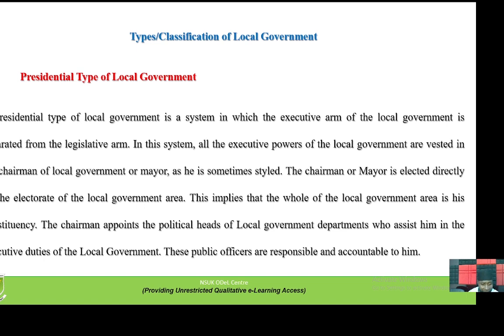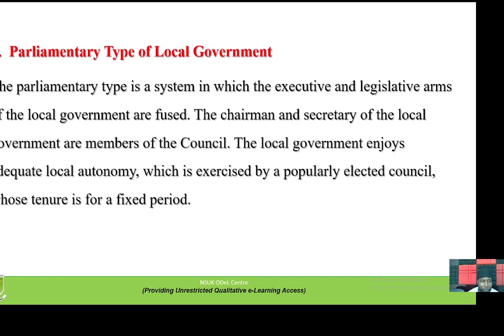If you look at it critically, the presidential type of local government is just a carve-out of the presidential system of government that was prescribed in the national system.